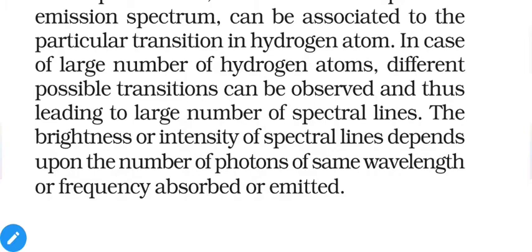That means 10 photons of red light will be produced during this transition. At that time, brightness will be comparatively low because of the low number of photons. Let us say in a second experiment we are using 1000 hydrogen atoms and they are releasing 1000 photons of red light. So the brightness of light will be comparatively more. So brightness actually depends on the number of photons emitted during this type of transition.